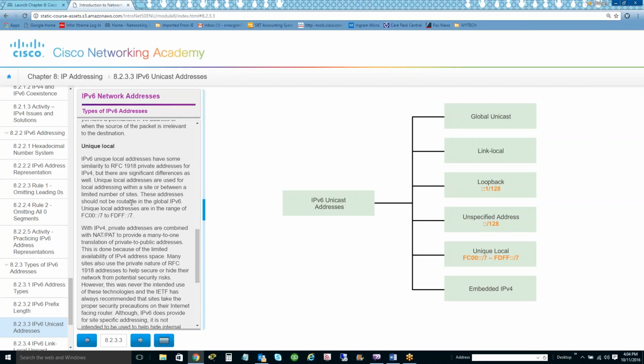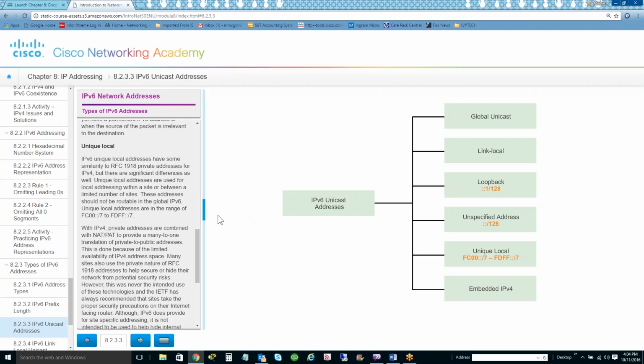And then there are unique local addresses, and unique local addresses are kind of like private addresses for IPv4, but they're different as well. Unique local addresses are used for local addressing within a site or between a limited number of sites. These addresses should not be routable on the global IPv6.